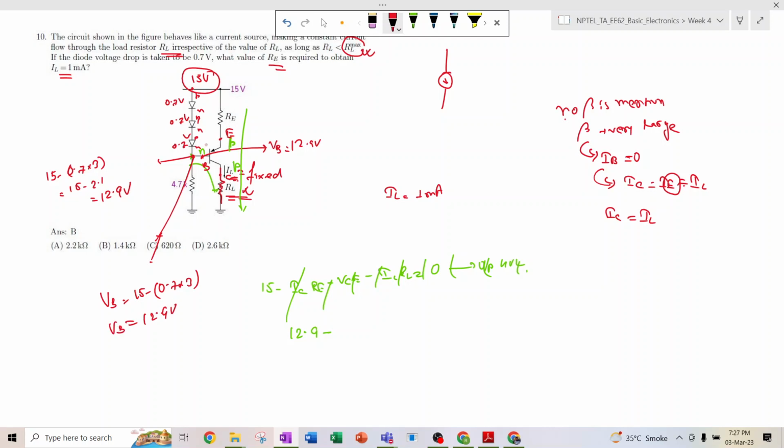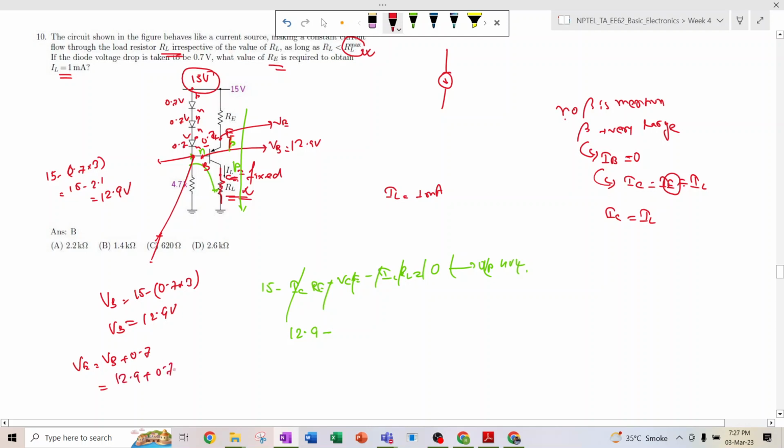This side is P, right? So there is a 0.7 drop because this side is positive and this side is negative. This is the VE terminal. So VE is nothing but VB plus 0.7, right? You understood, right? So this is 12.9 plus 0.7, which is 13.6 volt.